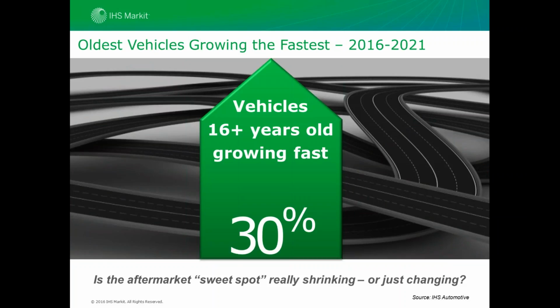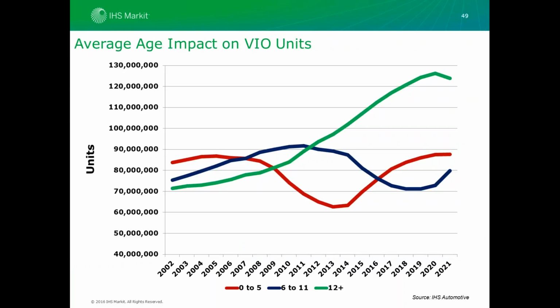So before we look at the average age impact on VIO units, rather than just percent changes, what I've tracked here is over time, from back to 2002 out to 2021, the new to 5-year-old vehicles in red, the 6 to 11-year-old vehicles in blue, and the oldest vehicles 12 plus in green.